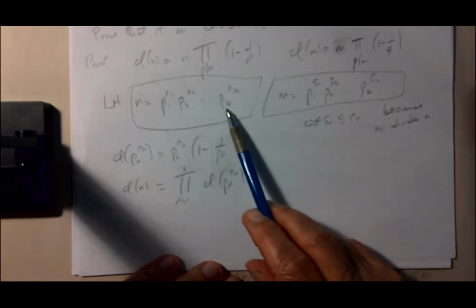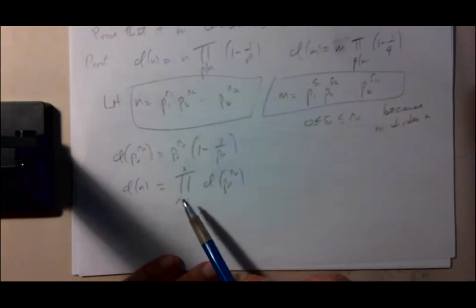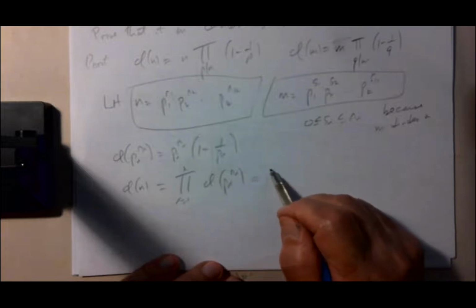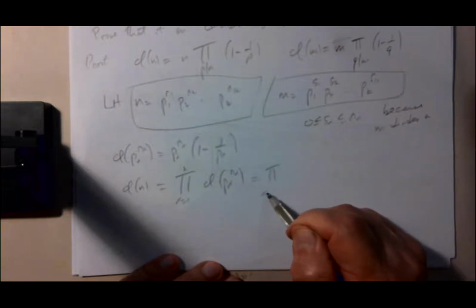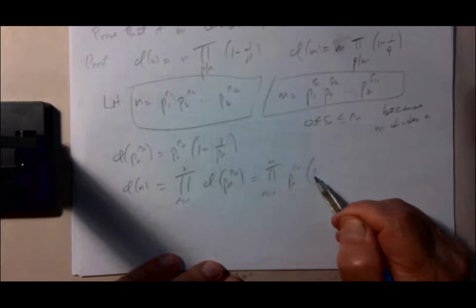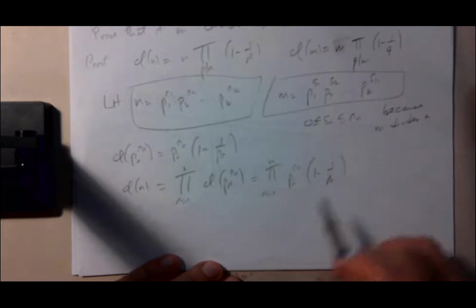So if n is a product of distinct prime powers, phi of n is the product of phi of those prime powers, which is the product, i goes from 1 to k, of p sub i to the r sub i, times 1 minus 1 over p sub i.